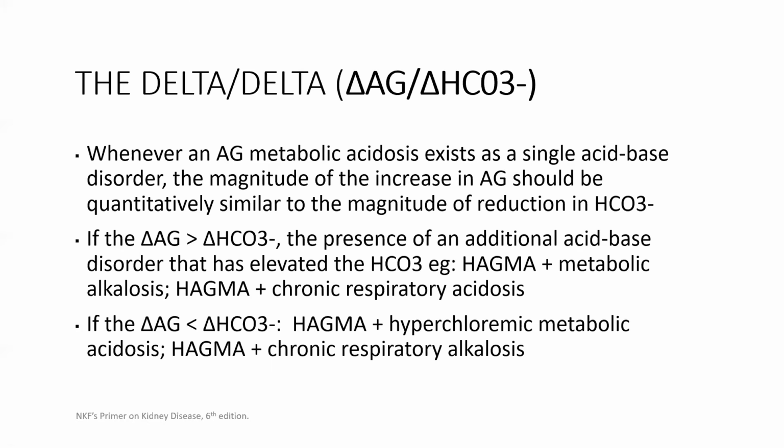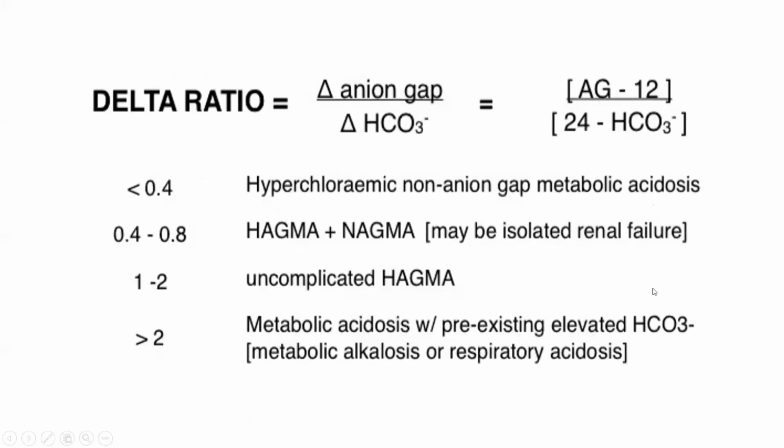But if your anion gap is less than your bicarb, then it's HAGMA plus hyperchloremic metabolic acidosis or HAGMA plus chronic respiratory alkalosis. So this is a summary of the calculation that you can do for your delta ratio. Probably this might not be that relevant, or maybe it's more relevant in the intensive care setting.